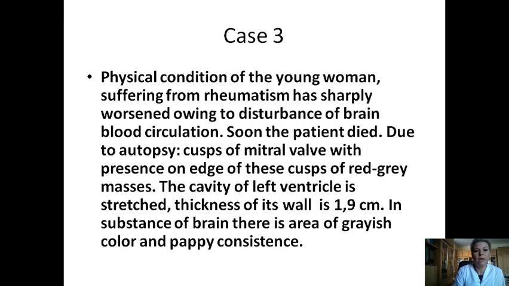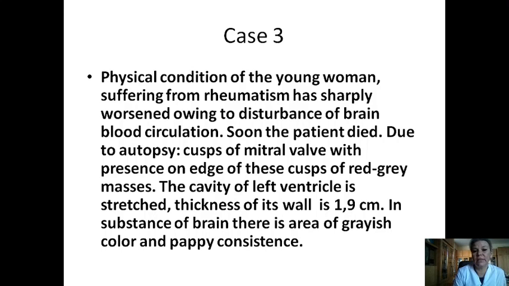Situation. The physical condition of a young woman suffering from rheumatism has sharply worsened owing to disturbance of brain blood circulation. Soon the patient died. At autopsy: cusps of the mitral valve with presence on the edge of those cusps of red-gray masses.